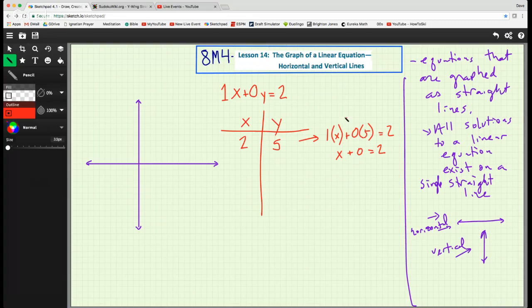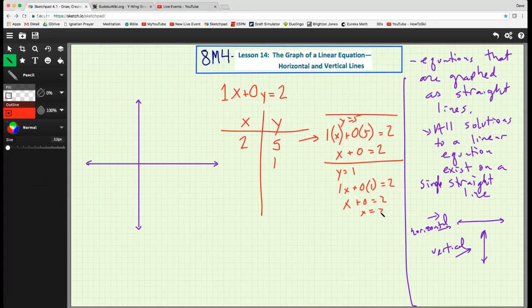So that's that one. So let's do another one. This was with y equals 5. Now, what if y equals 1? Well, if y is equal to 1, then we say 1 times x plus 0 times 1 equals 2. So x plus 0 equals 2.